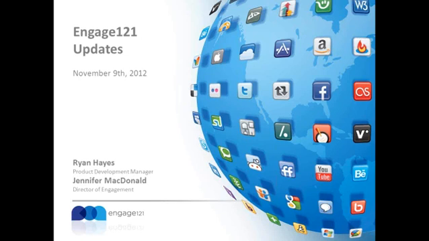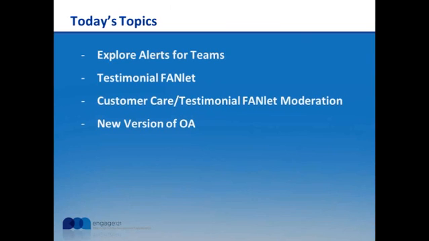So we're going to go ahead and get started here. We're going to start with some changes to the way that email alerts can be set up for Explore alerts for team members, and then a new fanlet that is coming for everyone called testimonials.